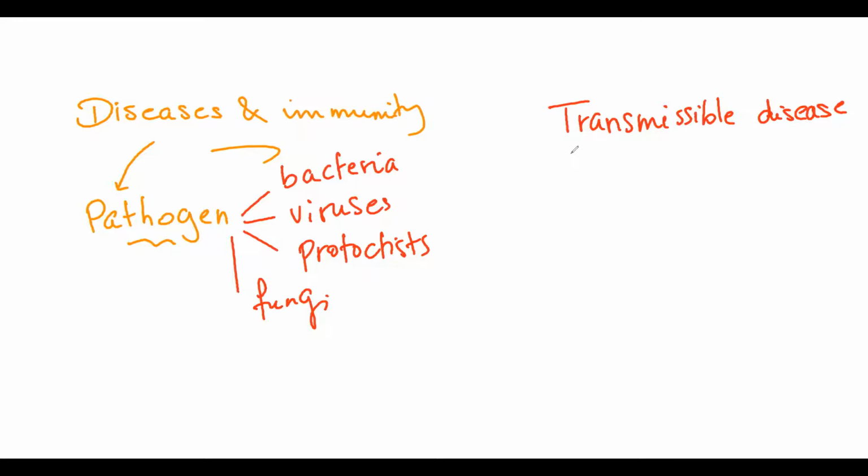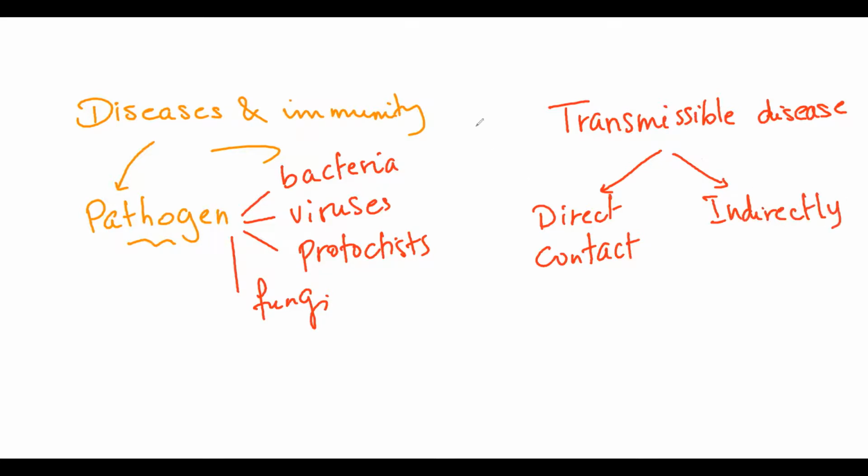The pathogen for a transmissible disease may be transmitted in either a direct form, which we call direct transmission or direct contact, or indirectly transmitted. What's meant by direct contact?